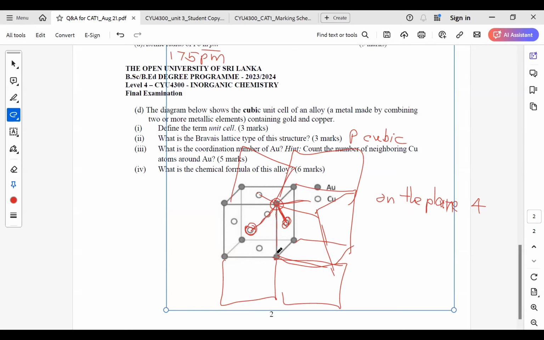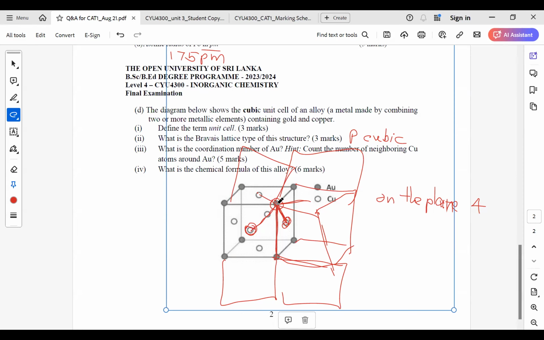Similarly, if you think about the other corner that is adjoining to this, there will be 2 more copper atoms like this. I hope you understand. This is the best I can explain it. You just need to visualize it in your head. So there are 4 at the bottom which are closer, like this.